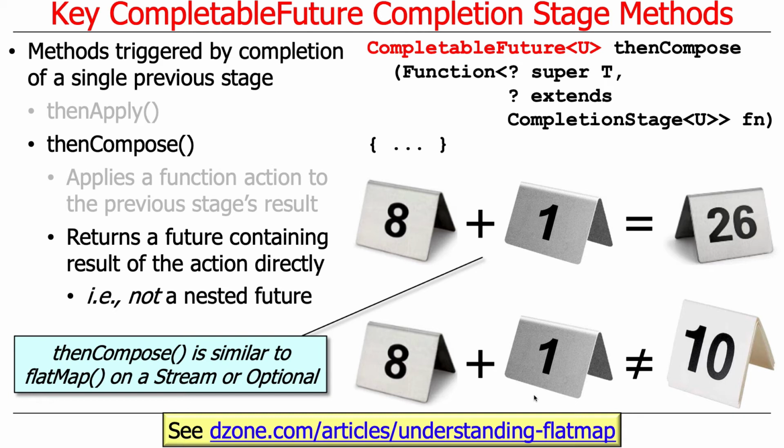That's essentially what thenCompose does. So if you were to use thenCompose and you had two CompletableFutures, you would end up with a single CompletableFuture result, as opposed to a CompletableFuture to a CompletableFuture result, which would be nested. And so we use thenCompose to avoid nesting.